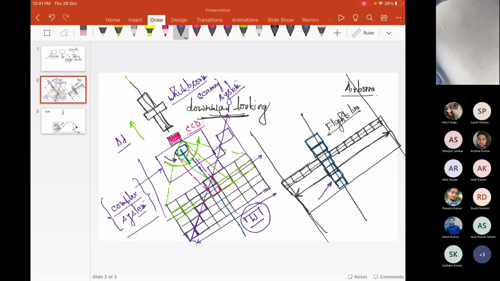This optics, this mirror looks at a particular ground resolution cell for time delta t, and we call it a dwell time. This you need to remember.